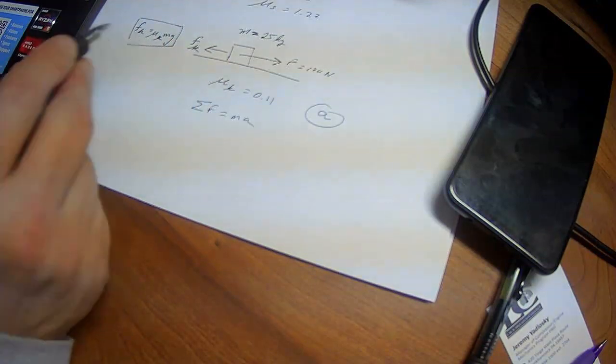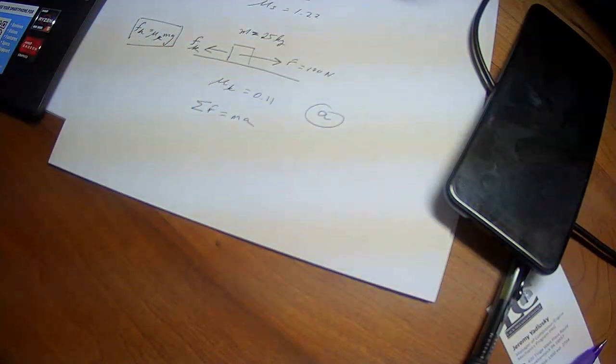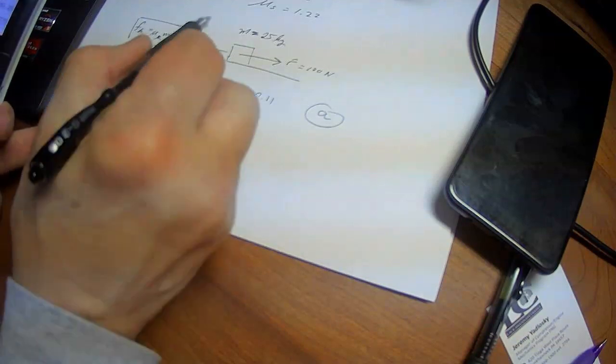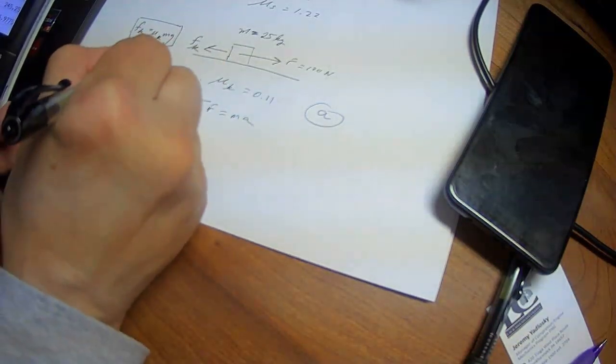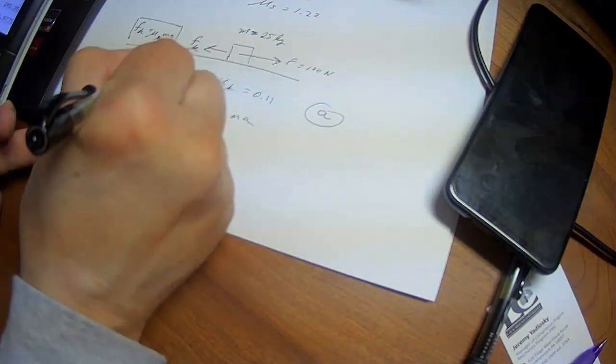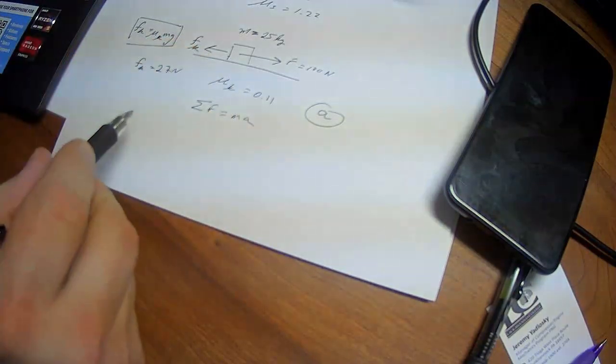So let's get a value for this. So we're going to have, and I hope it works out right. Maybe I shouldn't make these problems up on the fly. 25 times 9.81 times 0.11. So the force of kinetic friction is 27 newtons.